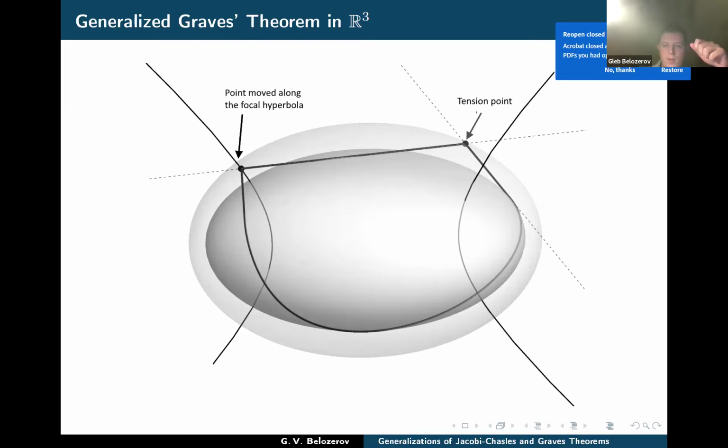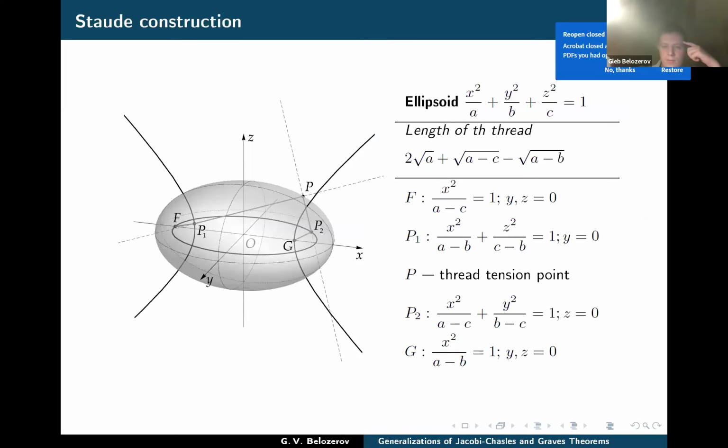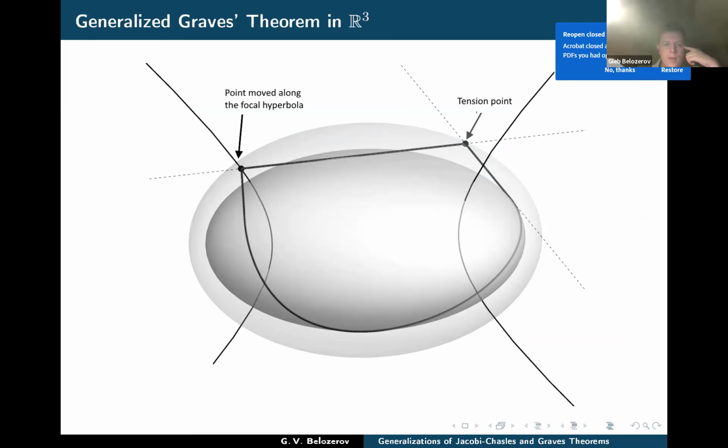consider the focal hyperbola. The focal hyperbola is the curve given by the equation x squared divided by a minus b plus z squared divided by c minus b is equal to 1. And consider the thread. The left point moves along the focal hyperbola, and the right point is a tension point.